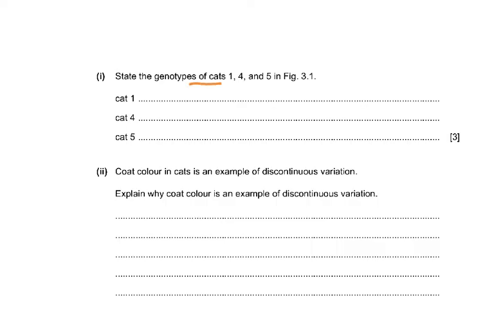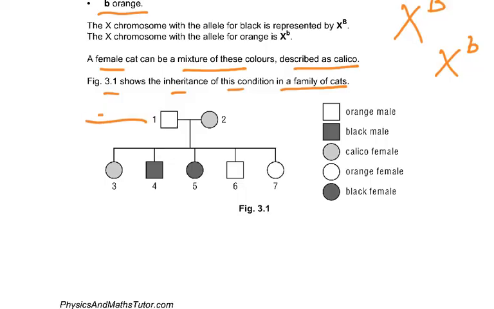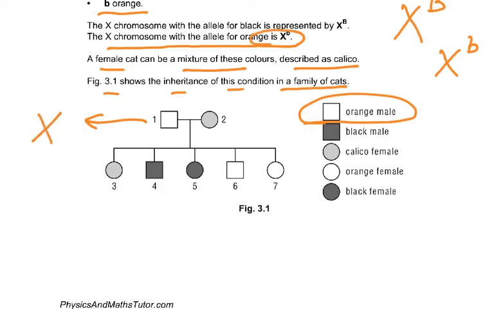State the genotypes of cats 1, 4, and 5 in figure 3.1. Now you can see that 1 is the orange male. So the orange male has to be what? It says the X chromosome with the allele for orange is X raised to the power small b. So 1 has to be X raised to the power small b and Y. Y does not have anything on it.